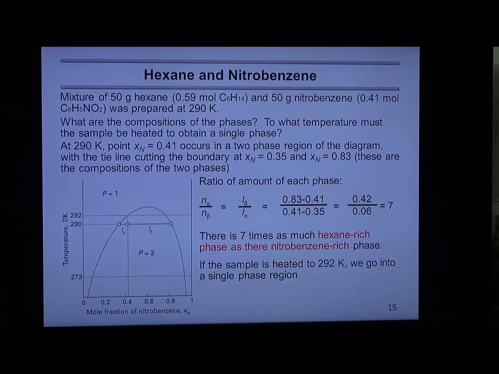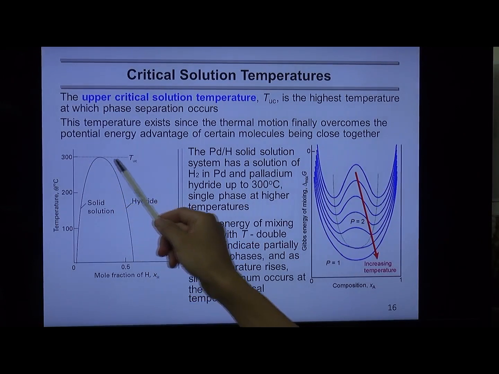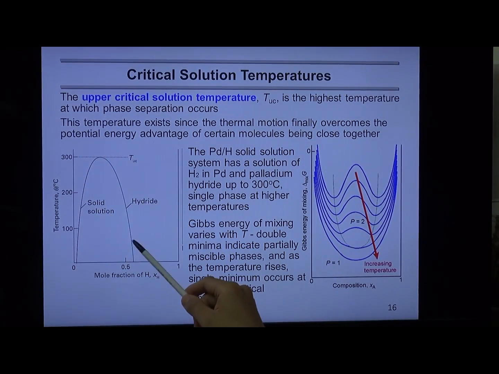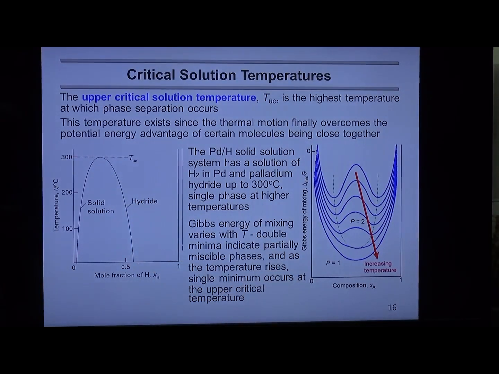Partially miscible liquid mixtures have a phase diagram which looks like this, which means that, for example, for this mixture, if the temperature is above 300 degrees C, then there's only one phase.